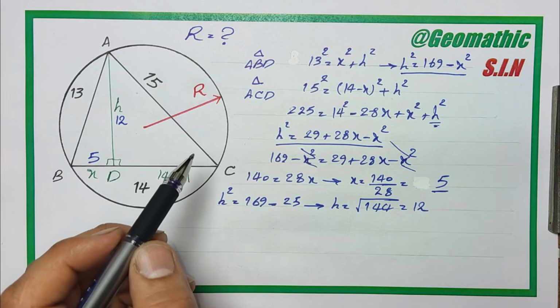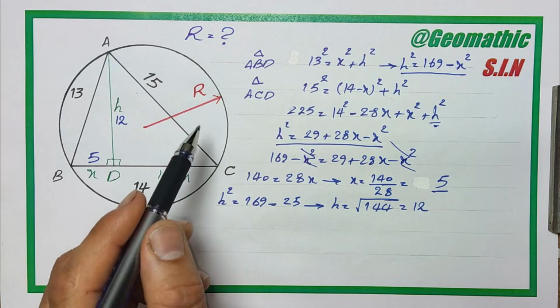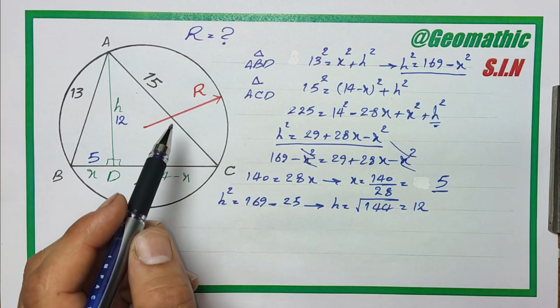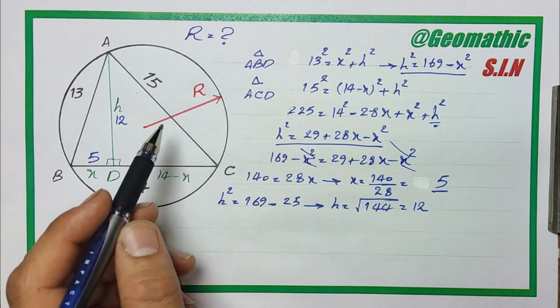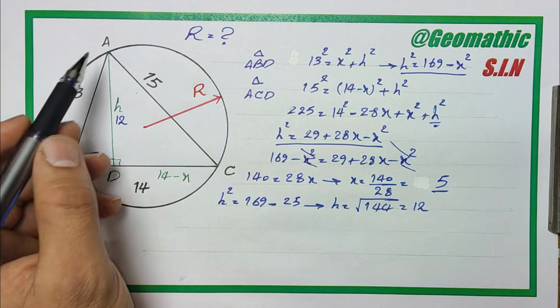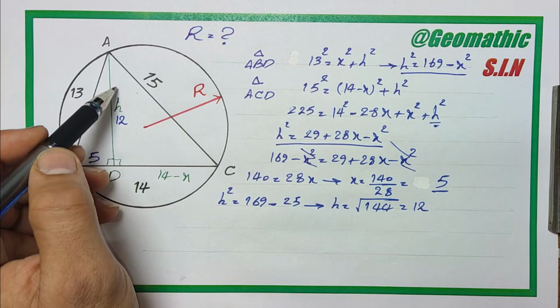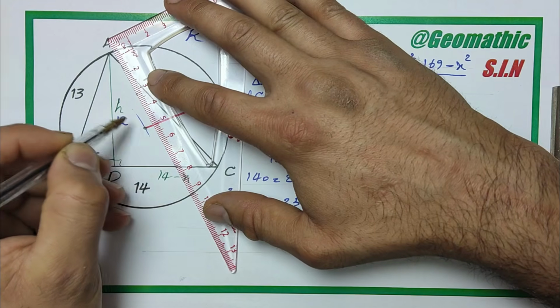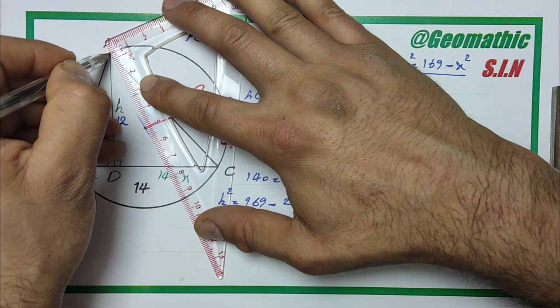We know that the radius is half the diameter. So if we can find the diameter, we will get the radius. That's why I'm going to draw a straight line from point A, assuming it passes through the center.